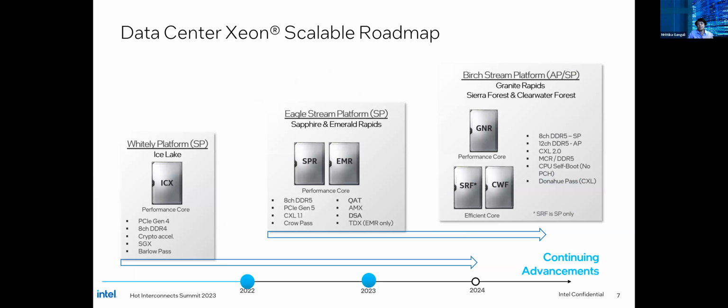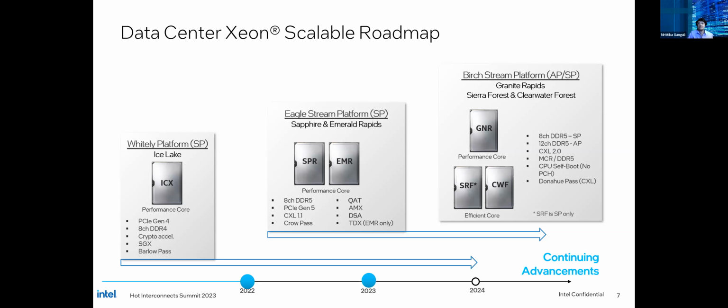And so here we show you, just to baseline, some of you may be aware of previous platforms. We just want to put that in a picture. The platforms which are out there since last year, Ice Lake, the Whitley platform, Ice Lake, which is our 3rd generation, with basic enhancements to PCI Gen 4, crypto acceleration.